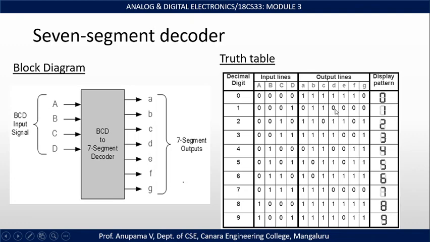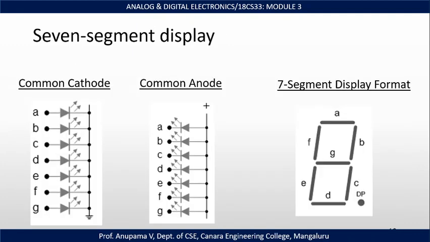So now how to write the output depending on the input. See here, how will you display 0 in the 7 segment display? In this format, right? Here which lights will glow?